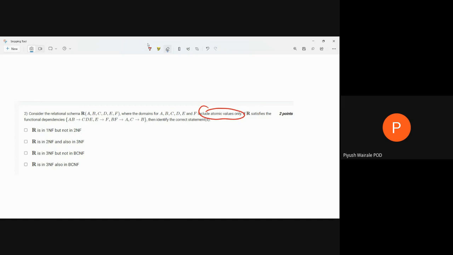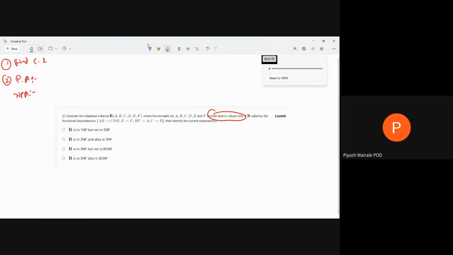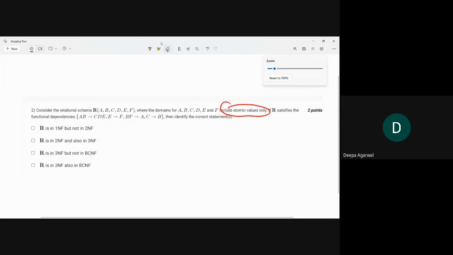Then how to find the candidate key? Take the single attribute and find the closure. Yes, our conventional method: take the closure of all attributes A, B, C, D, E, F and see whether it is the candidate key or not.